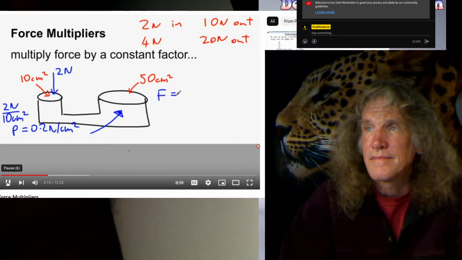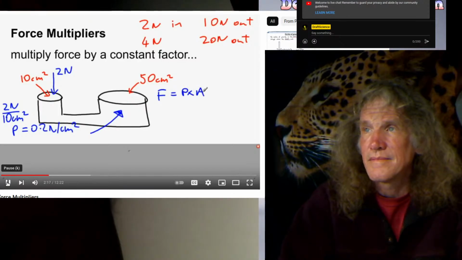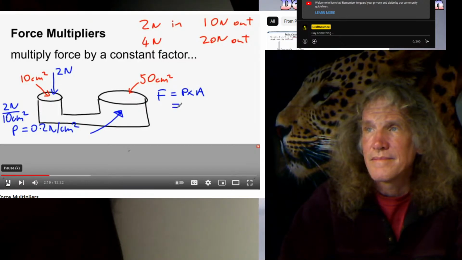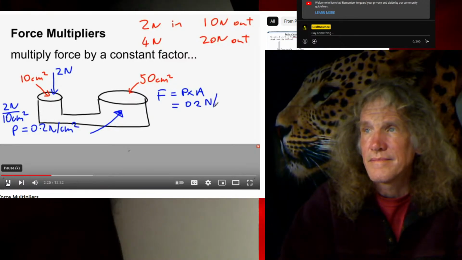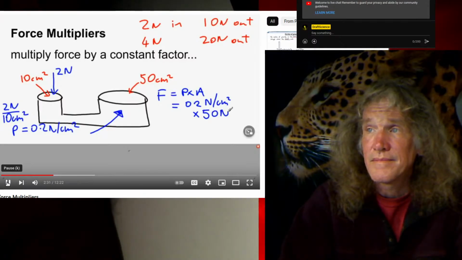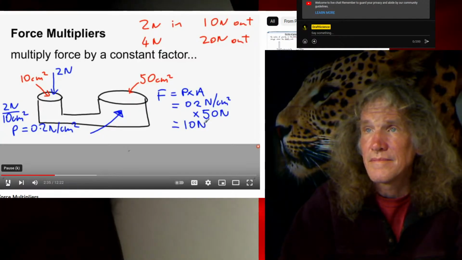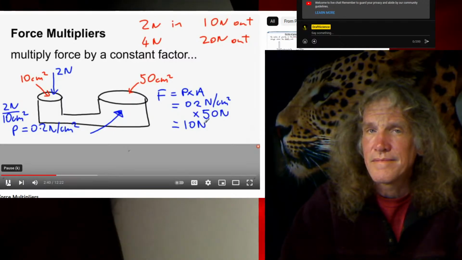The force over here is pressure times area, which is going to be 0.2 newtons per centimeter squared times 50 centimeters squared, which is 10 newtons. We have multiplied the force from 2 newtons to 10 newtons.